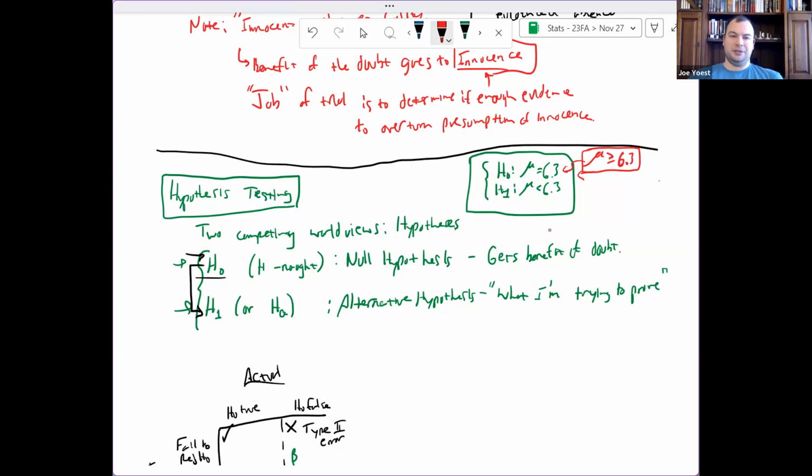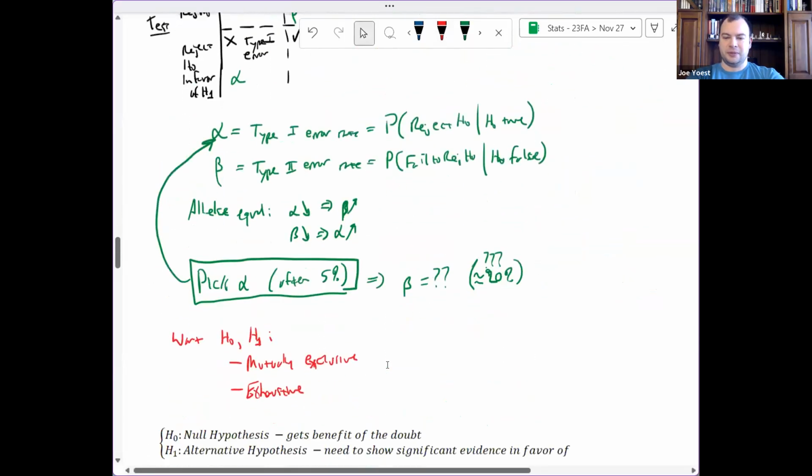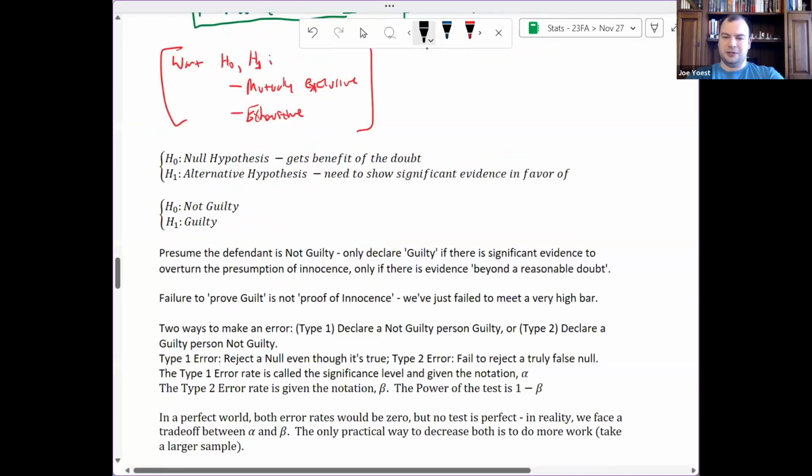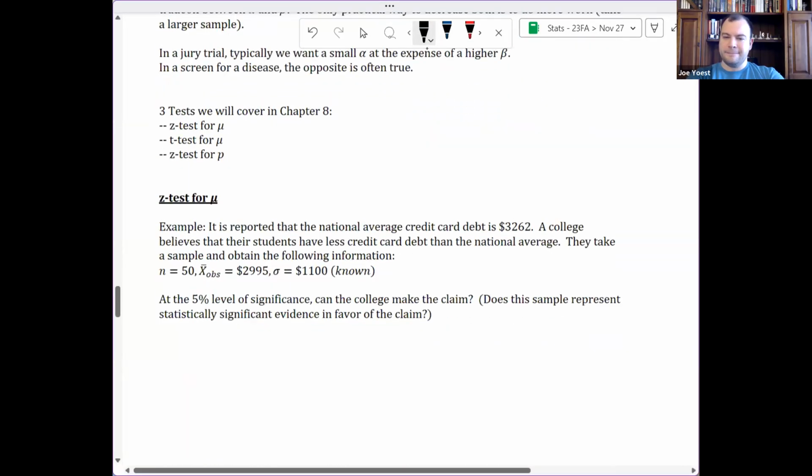There's no overlap, they're mutually exclusive, and they're also exhaustive. Every potential mu is covered by exactly one of the two hypotheses. So this is an important theoretical point, a little less important for the practical calculations, but it's important to understand what's going on here, I think.